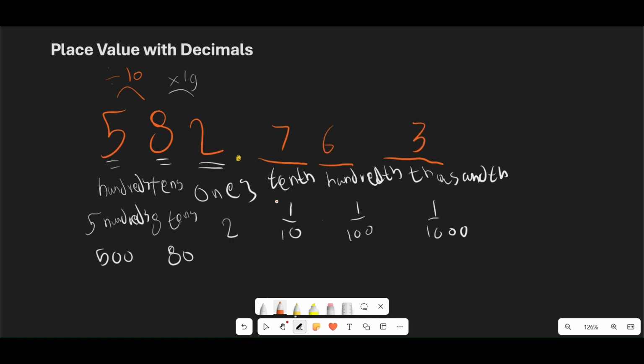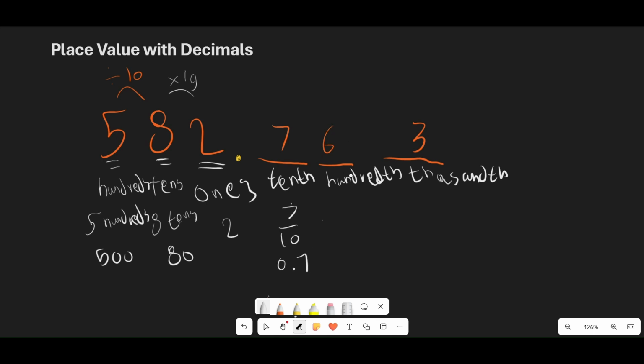582.763. So here the 7 doesn't represent 7 itself. It represents 7 tenths, which can be written as 7 over 10 or 0.7.